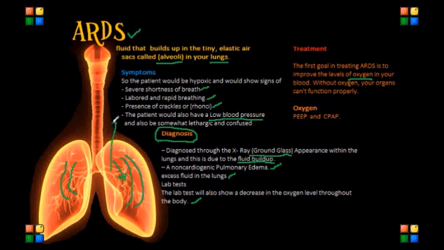A common mechanical ventilation method is PEEP, or positive end-expiratory pressure, a method of ventilation in which the airway pressure is maintained above the atmospheric pressure. Another method is CPAP, or continuous positive airway pressure. With CPAP, mild air pressure is applied on a continuous basis to keep the airway continuously open.